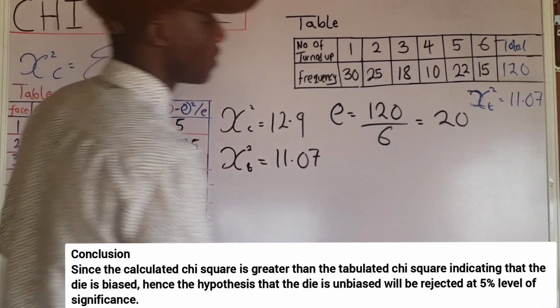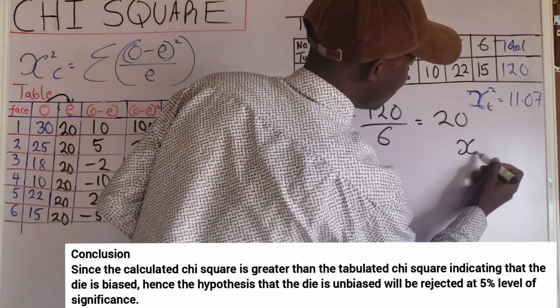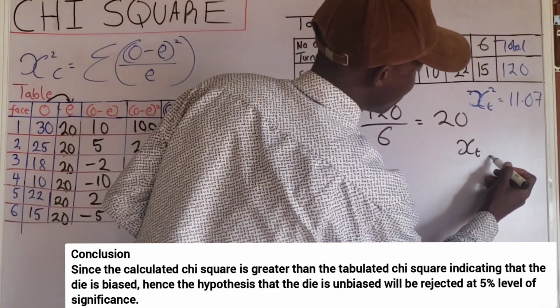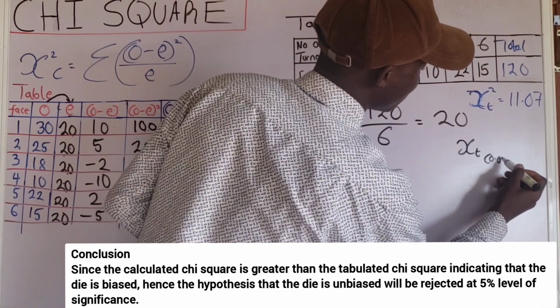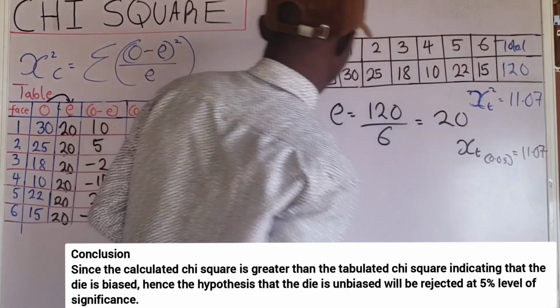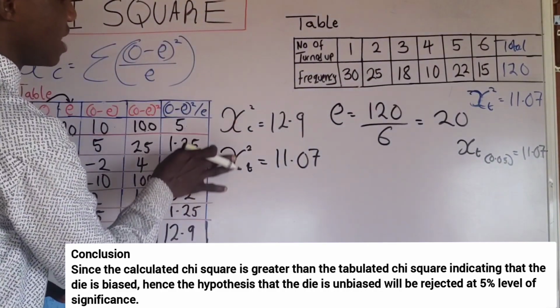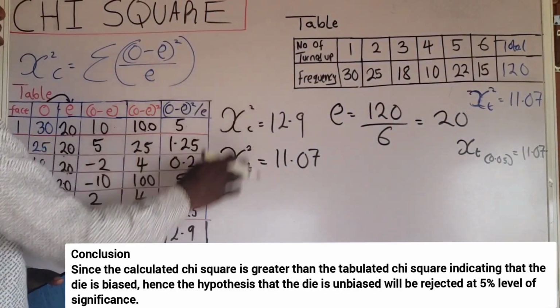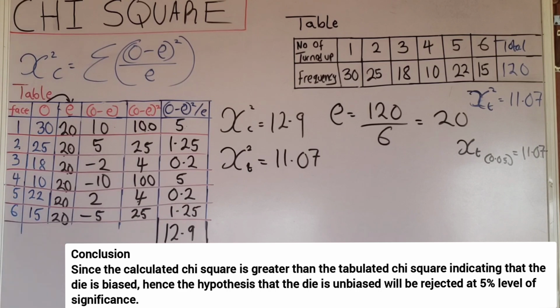Don't forget that xt at 5%, which is also the same thing as 0.05, is 11.07. So the critical value is here. Now, how do we know if the die is unbiased or it is biased?